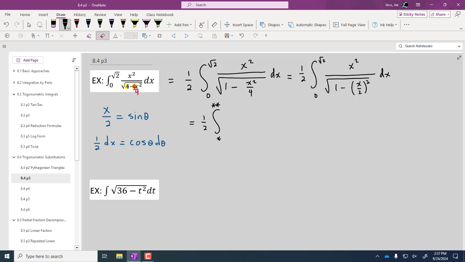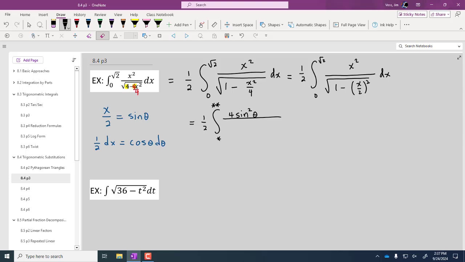So let's see. Numerator, x squared. So here is our equation that relates x and theta. If we multiply by 2, we see that x squared is 4 sine squared. So that's the numerator. Dx.